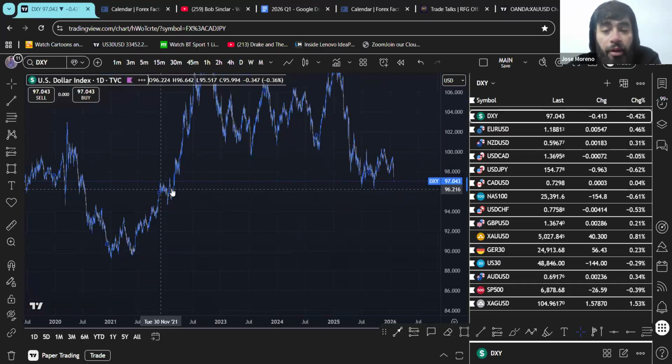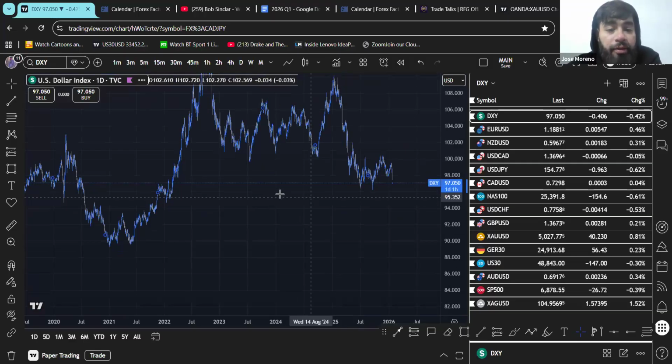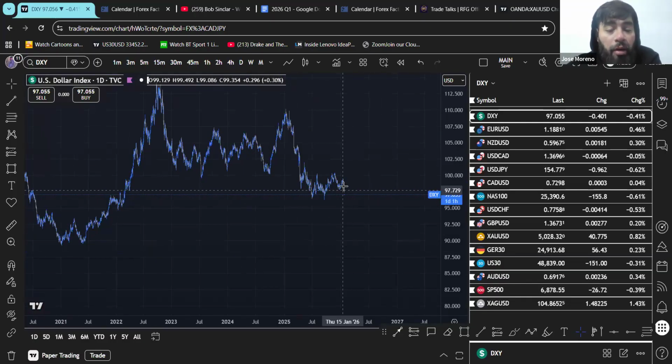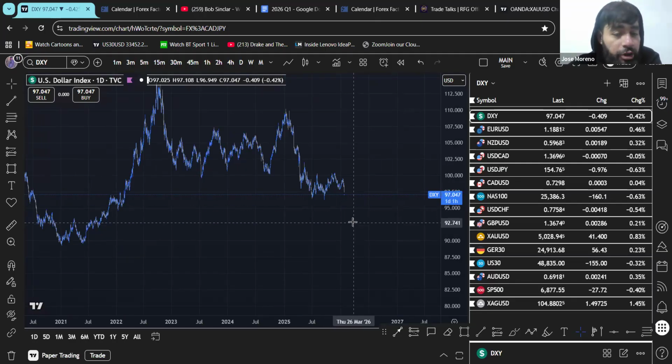I know it's so messy, guys, but we could most likely end up reaching levels down to even this, which would really be our extreme area, right? All the way down in here. So I wouldn't be surprised to see this continue to push to the downside here and reach down towards there.